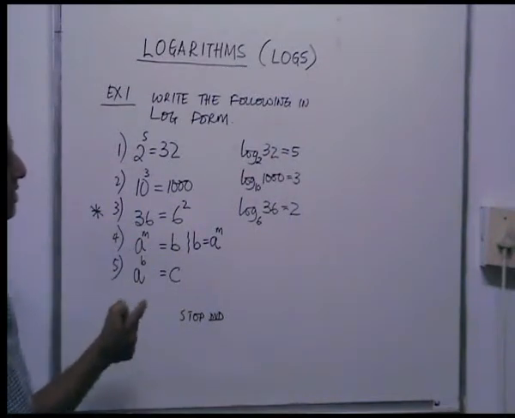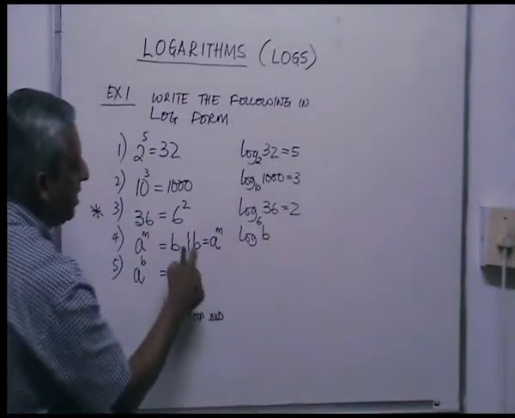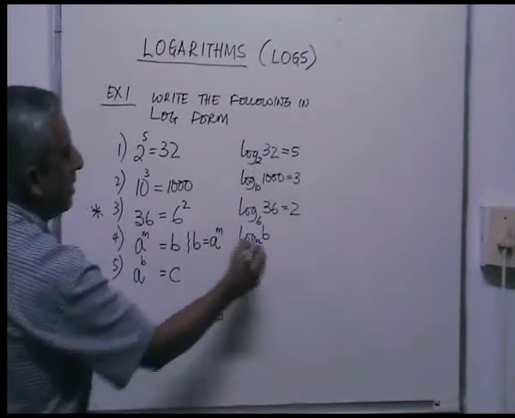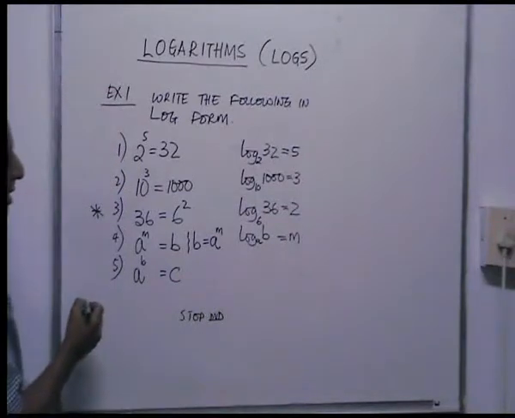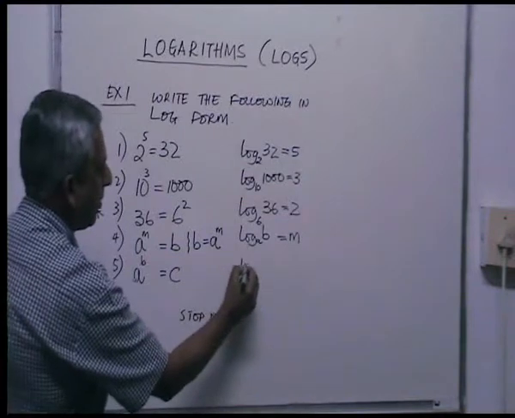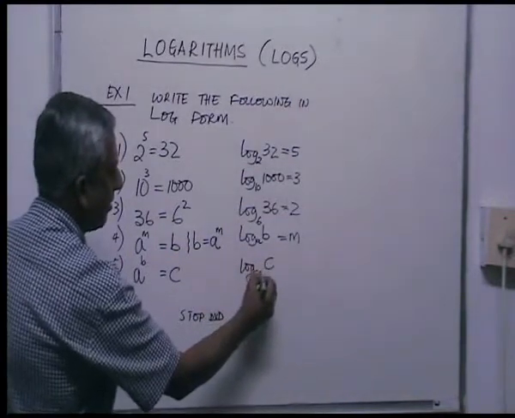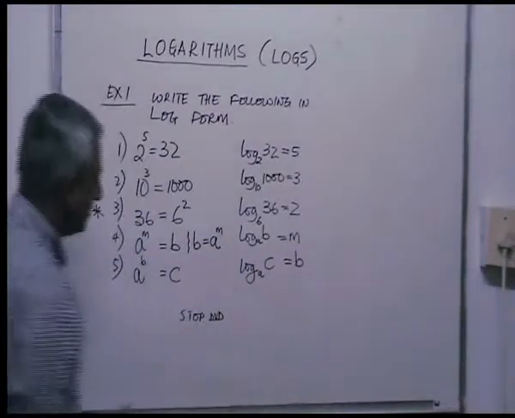Now it's easier to write the answer. Log of b to the base a is equal to m. And finally, number 5, the log of c to the base a is equal to b.